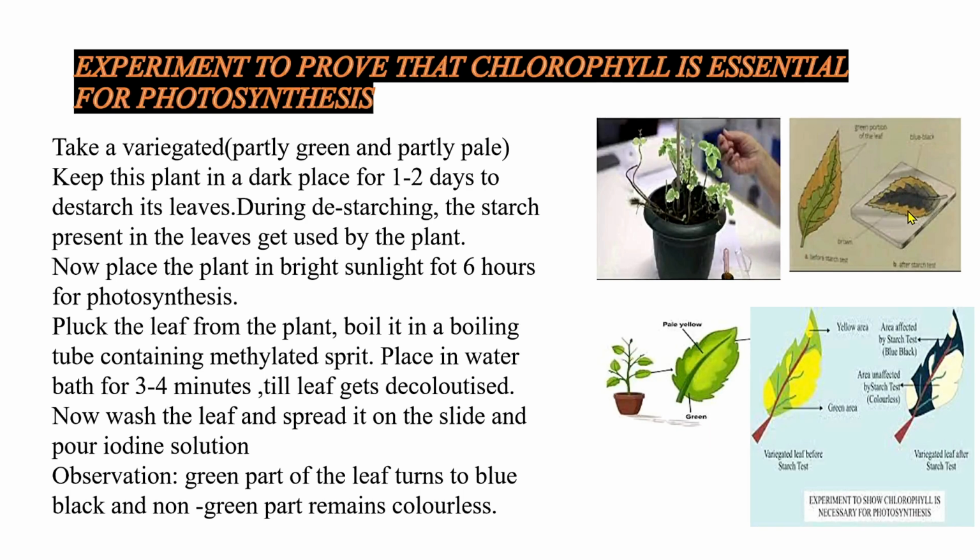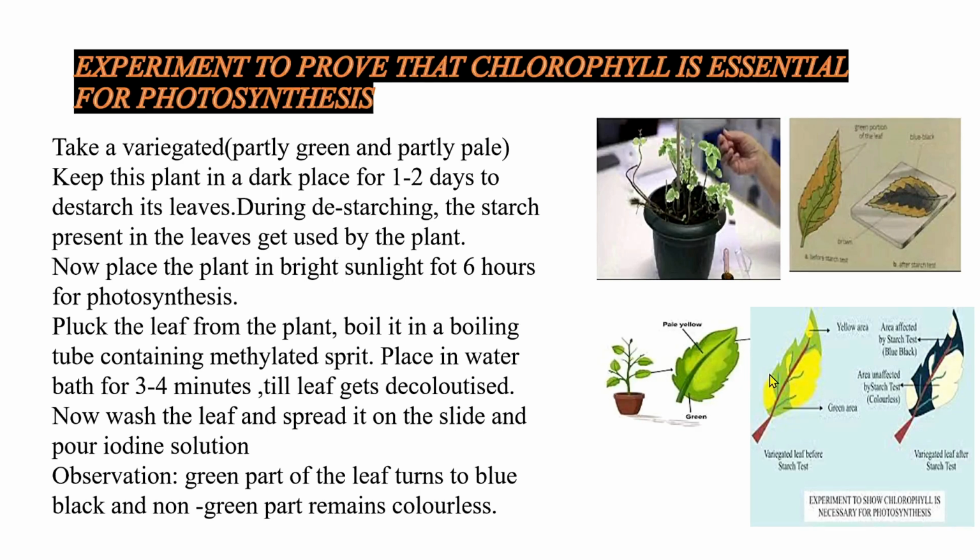Wherever there is no chloroplast, no starch is prepared. So from this, we came to know that the chloroplast which contains the chlorophyll is very, very essential for the process of photosynthesis. In this leaf, you might have observed the middle, wherever the yellow color is, no photosynthesis is taking place, no starch is prepared here.